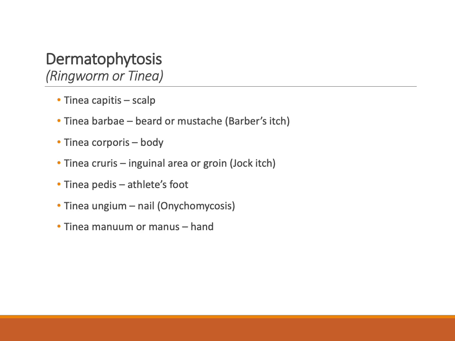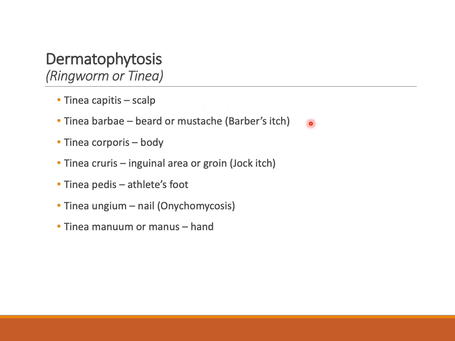Now, these are the terms that are used to imply dermatophytosis, which are also referred to clinically as ringworms or tinea. Depending on the site where they are found, we have Tinea capitis if it is found in the scalp.